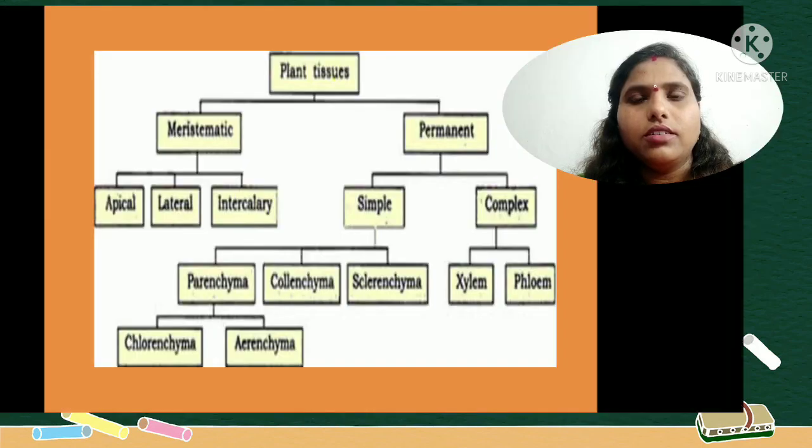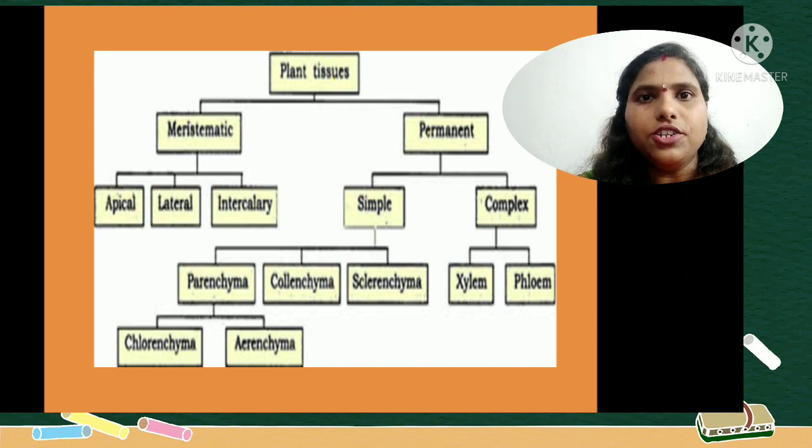In this flow chart of types of tissues, two types are there. One is meristematic tissues and the second one is permanent tissues. The first one is again divided, meaning meristematic tissues are differentiated into three types: apical, intercalary and lateral meristems.